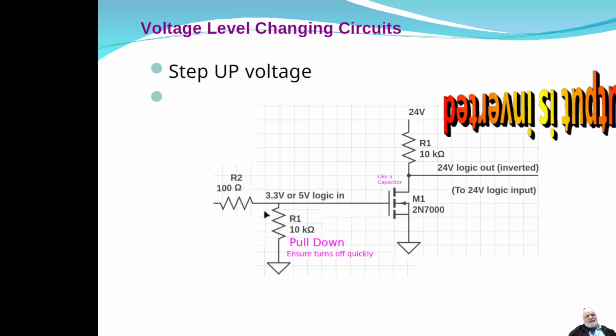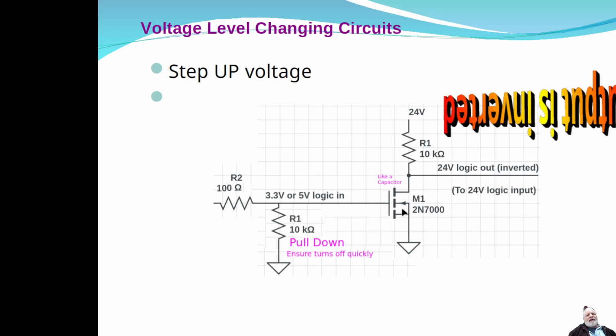It just makes the circuit slightly more complicated, but you could put in a relatively small resistor here, because remember, the MOSFET has a high input impedance. And if it has such a high input impedance, very little current's going to flow through it.